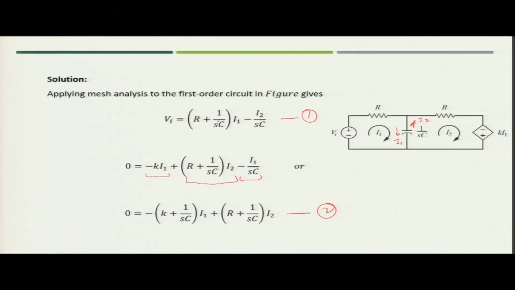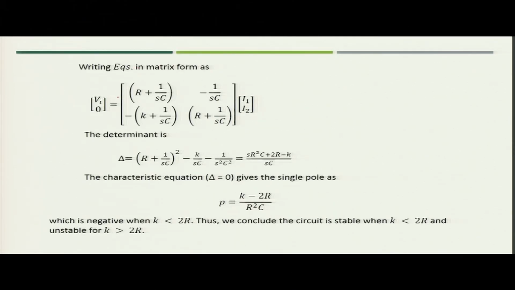Corresponding to I1 we have R plus 1 by Sc, and for I2 it is minus 1 by Sc, and similarly here the I1 component is minus k minus 1 by Sc, plus R plus 1 by Sc for I2.